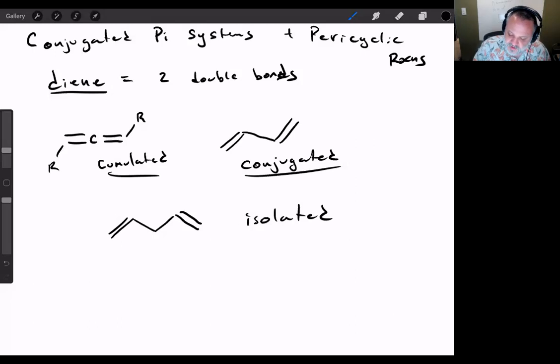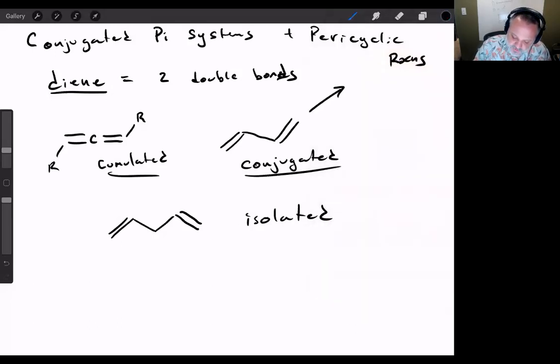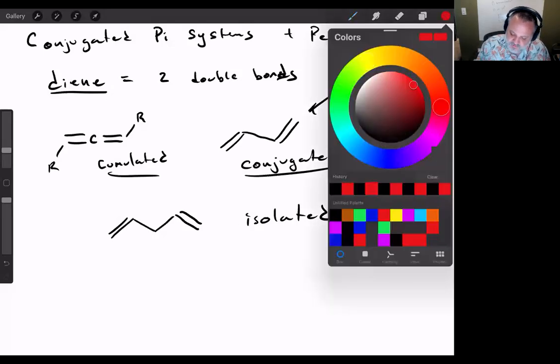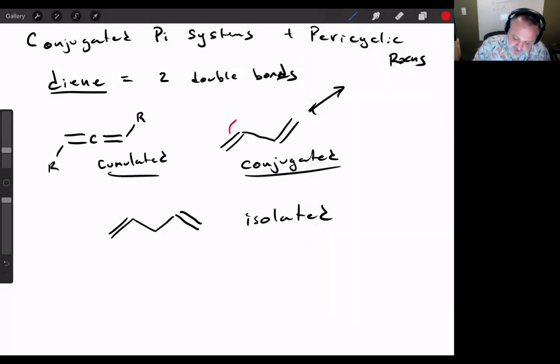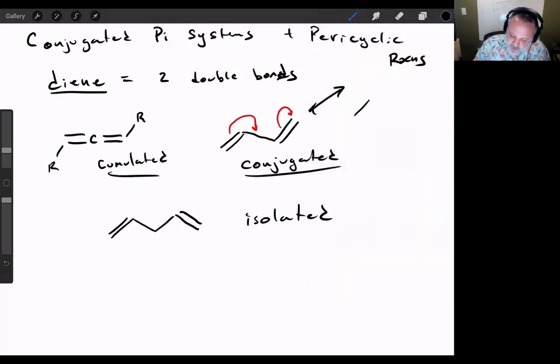And the reason we say that they're conjugated is because there actually is some resonance that we could show. It's not a perfect resonance structure, or in other words, it's not an equivalent resonance structure, but we could show one like this, where there's a negative charge here and a positive charge there. And of course, we could have shown the electrons moving the other direction.